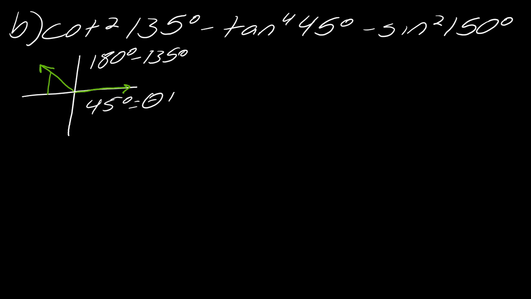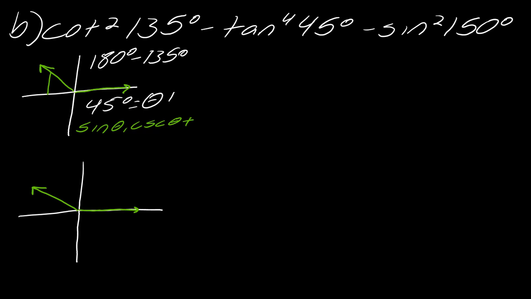And then I just want to note in this quadrant, which functions are going to be positive. So only sine and cosecant of theta, those are going to be the positive ones. Okay, so 45 degrees I don't need to figure out, right? So what about sine squared of 150? So for 150 degrees, also somewhere over here, right?